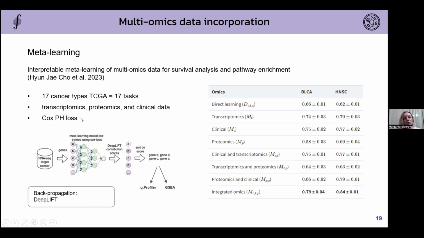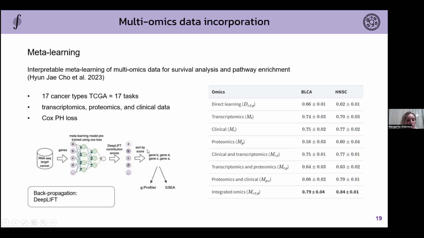Also, as I told you, many neural networks work with the survival paradigm because of the Cox proportional hazard loss, and this neural network also has the Cox proportional hazard loss as the main function to compute the errors and loss. They do the meta-learning with the Cox proportional hazard loss and get the hazards.